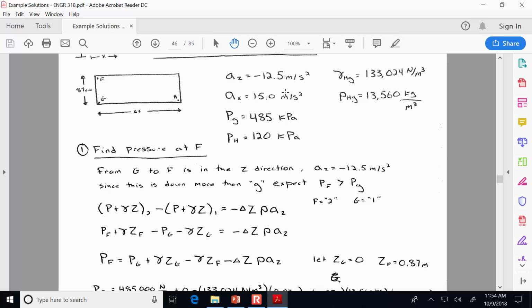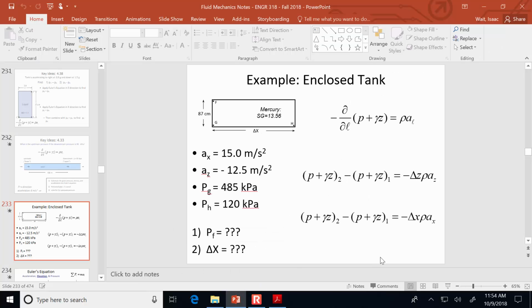The only way to get the correct answer is to break the acceleration up into components and apply Euler's equation individually in the directions where there's acceleration, not combining the two together. Any questions before we move on from that example?